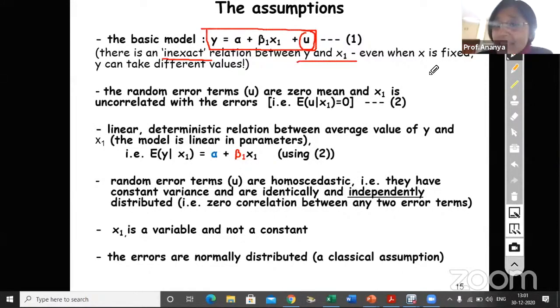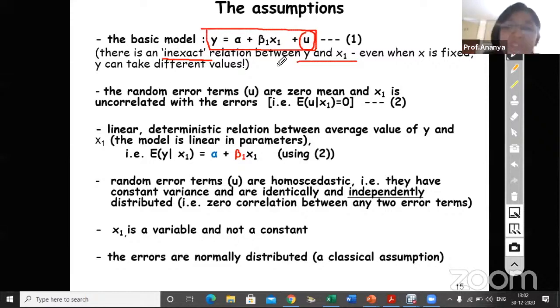Even when you're fixing x, y can take different values. Unlike an exact equation in physics, E is equal to mc square. When you have your m and your c, there is an exact relation. But in regression, that is not the case. Even when you fix your x, y can actually take different values.